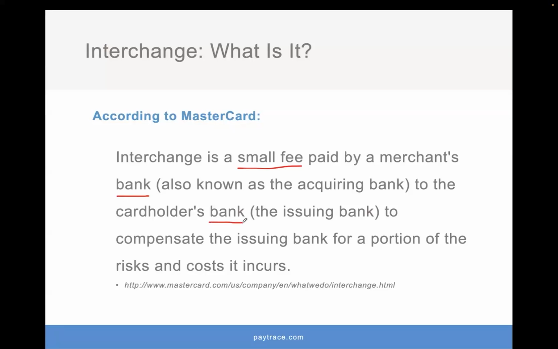So, reiterating what the Visa definition was, it's something about fees, transfer fees paid between financial institutions, paid between banks, really as a form to compensate the issuing bank for a portion of costs and risks it incurs. So something about fees, something about banks, it's starting to come together a little bit more.